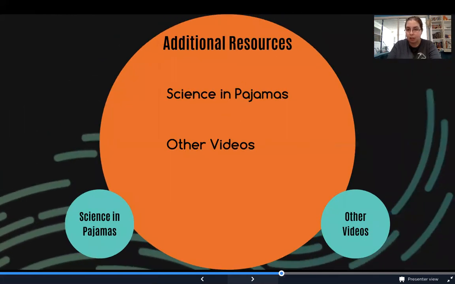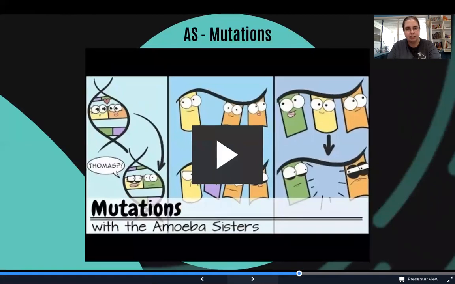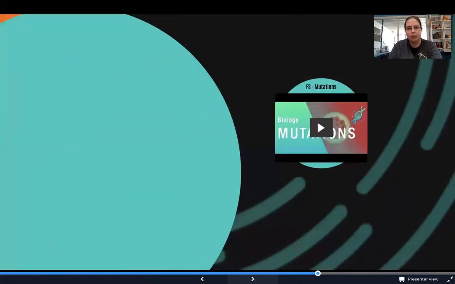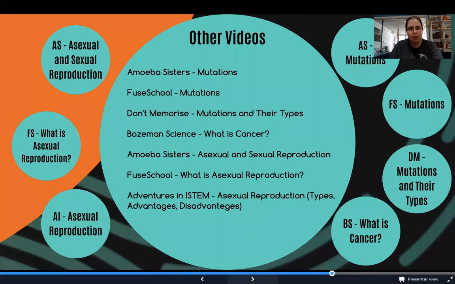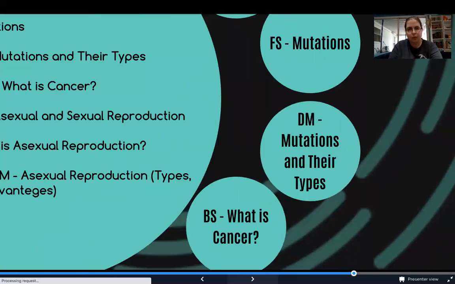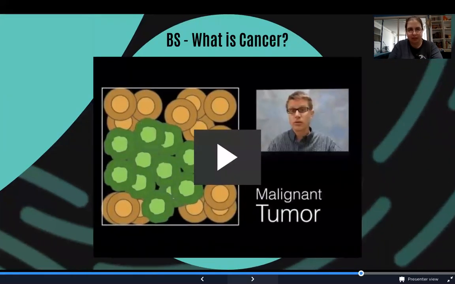Then in terms of other videos, we have the Amoeba Sisters talking about mutations. We have Fuse School talking about mutations. We have Don't Memorize, which is mutations and their types. We have Bozeman Science, what is cancer?